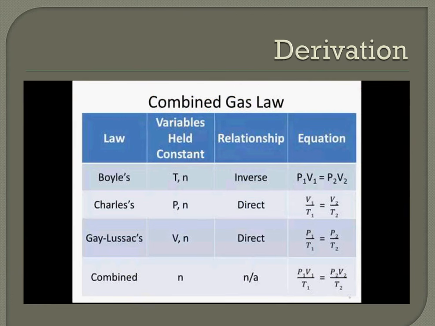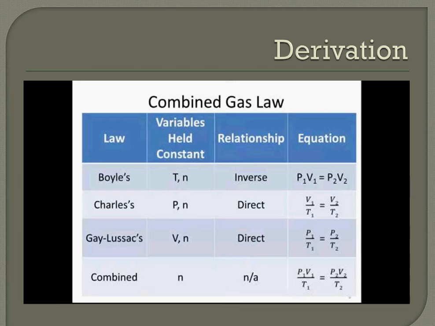Now let's see how these laws combine to give the gas equation. First, it's Boyle's law, where temperature and mass of the gas are constant and pressure and volume are inversely proportional to each other.